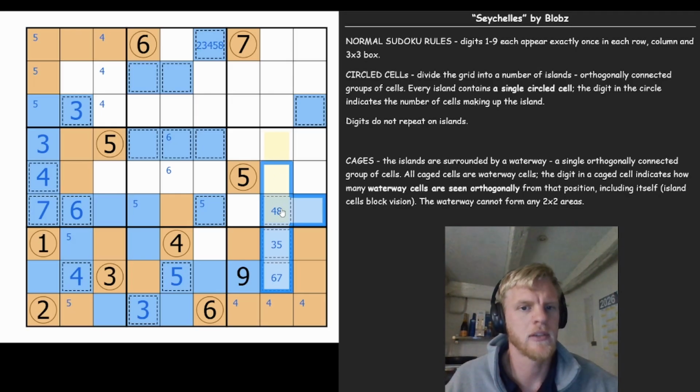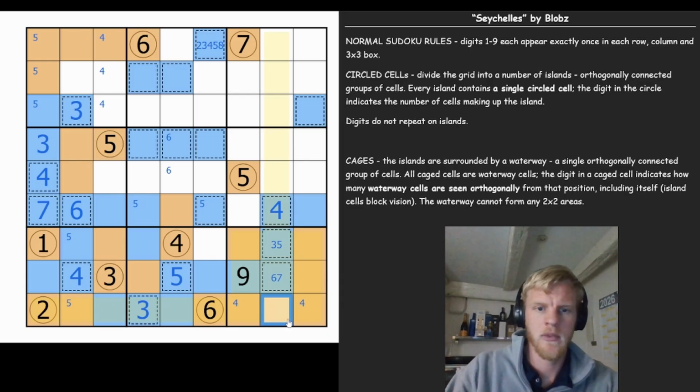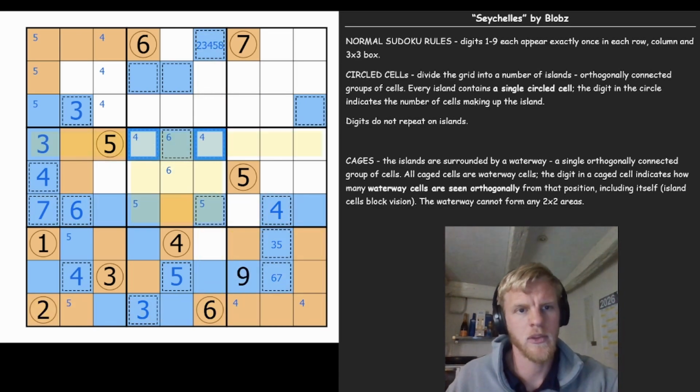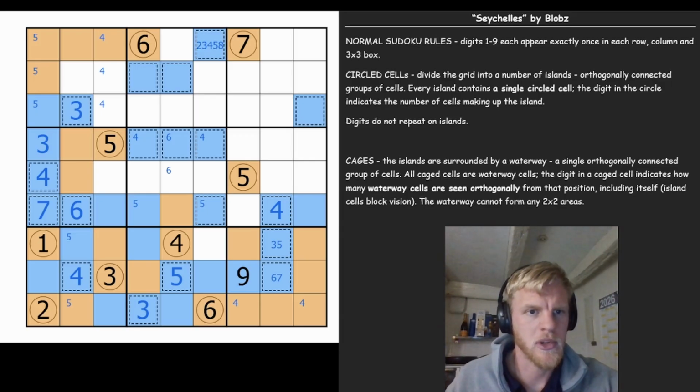And we can't go higher. So that's not an 8. Can't go higher because this cell needs to be island, right? So that's 4 in here. Four in one of those. That I'm sure comes in handy a little bit later.